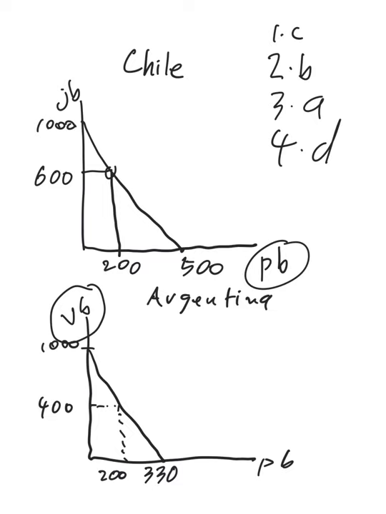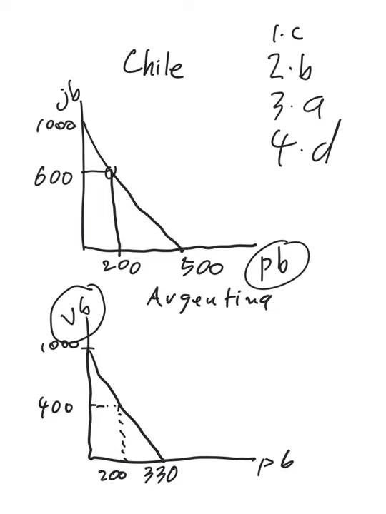So in question 5, the presumption correctly here is that if trade occurs, Argentina will be the exporter of jelly beans and Chile will be the exporter of peanut butter. So in trade, Chile will be buying jelly beans. That's why Chile cares what the price of jelly beans will be.